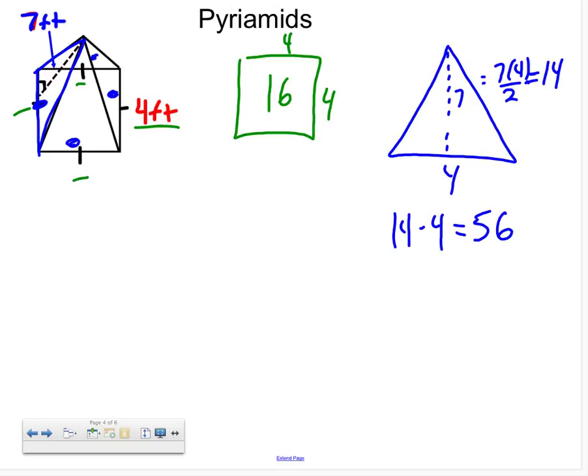If I want the total surface area, all I do is I take 56 plus the base, which is 16, and I add them together. And that will get me my total surface area of 72 square units. So my total surface area is 72 units squared. My lateral surface area is just 56 units squared.